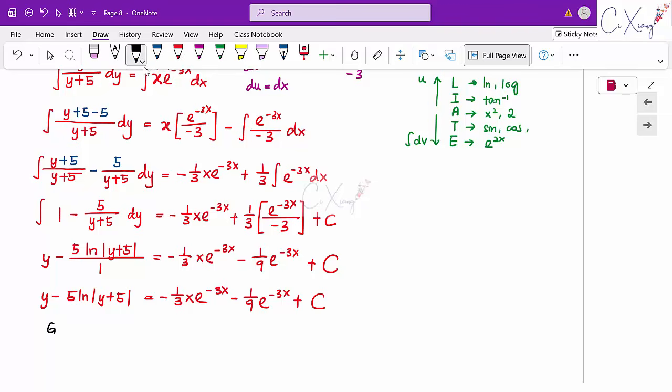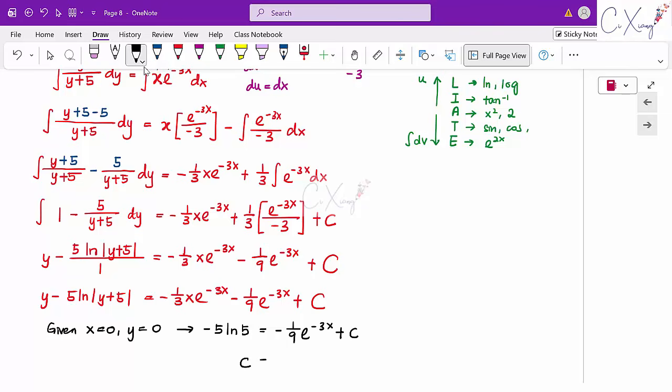So given x equals 0, y also equals 0, what will happen to our equation? y is 0, so you have 0, then negative 5 ln 5. x equals 0, so that becomes 0. Then this one will be negative 1 over 9 e power negative 3x, then plus c.